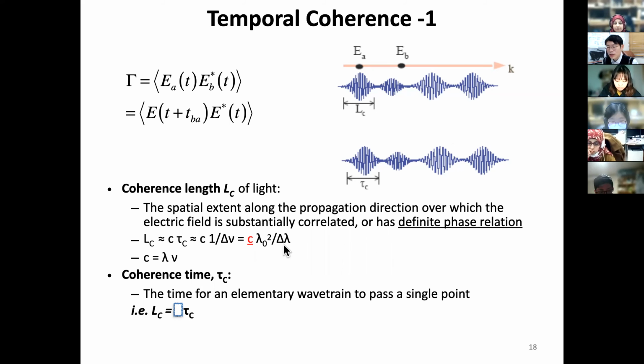So, okay, coherence time, tau c, is the time for an elementary wave train to pass a single point with a defined phase relationship. So now I guess, Brahano, you can see, this answer is here, so I don't need to. So coherence length is really coherence time times c.